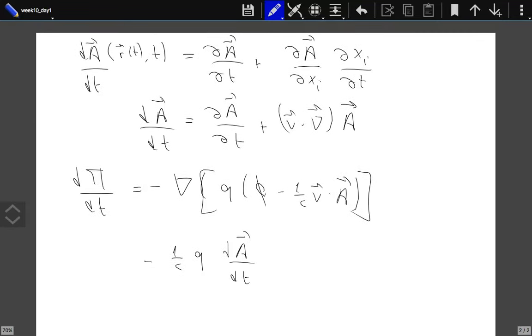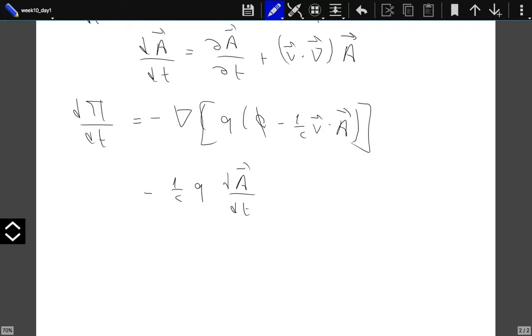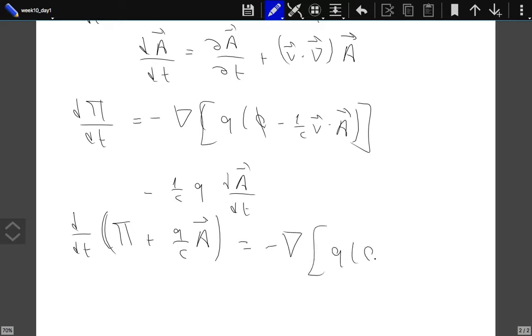Let me just correct my mistakes. Or maybe not. d by dt of P plus Q over C A is equal to minus the gradient of Q phi minus 1 over C V dot A. Okay, now we are almost done.